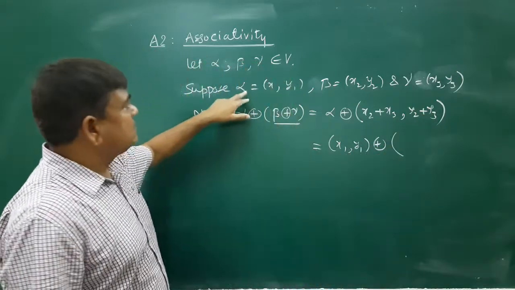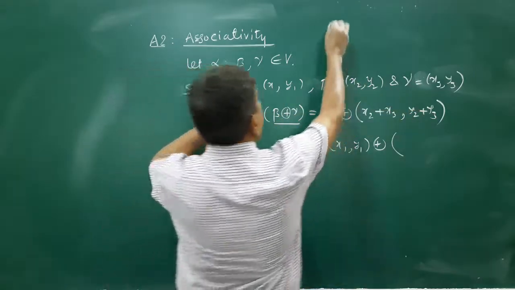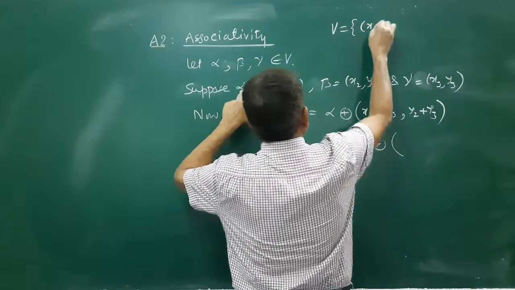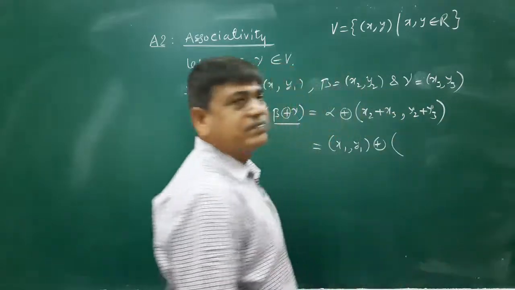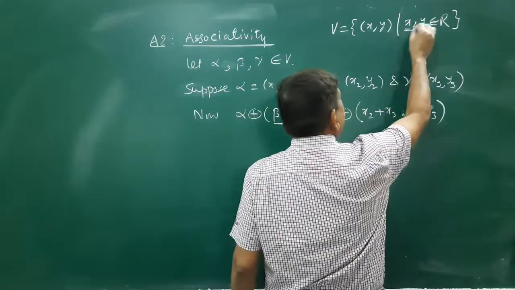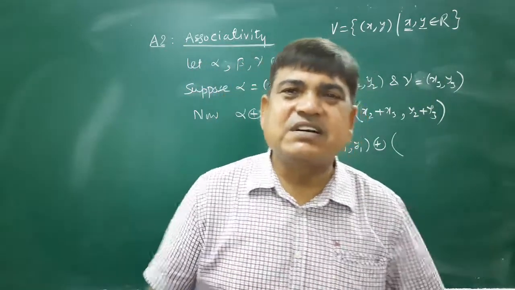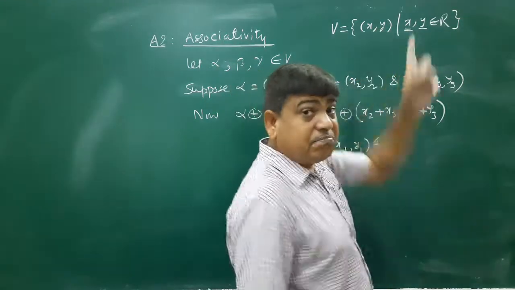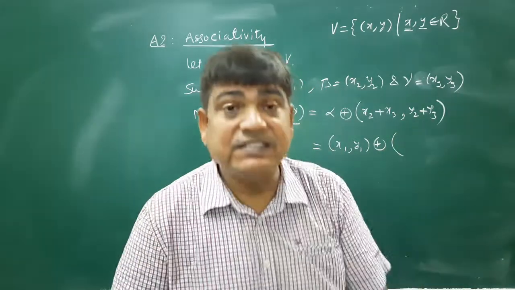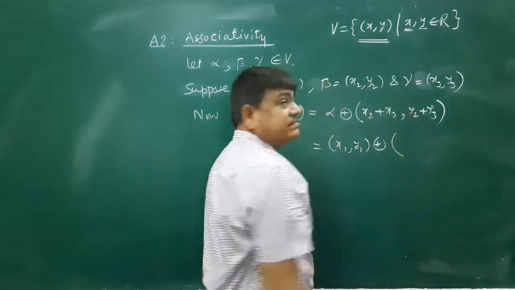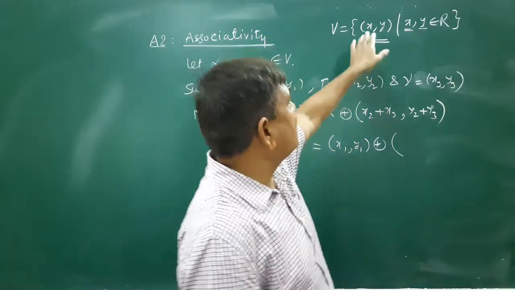Because when I write alpha as this one, beta as this one, gamma as this one, x comes from here, y comes from here. x and y are real numbers, components of the ordered pair. Remember, the elements of V are not real numbers, the elements of V are in the form of pairs; elements of V are in terms of ordered pairs.